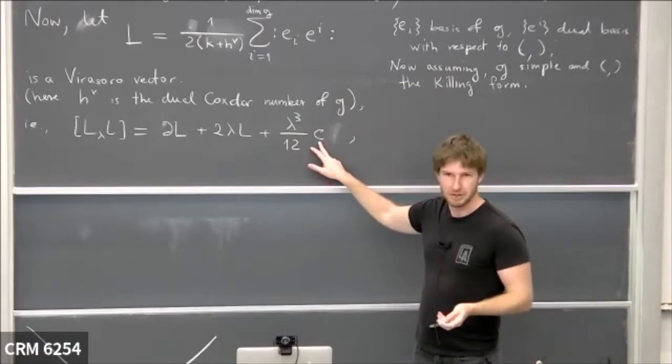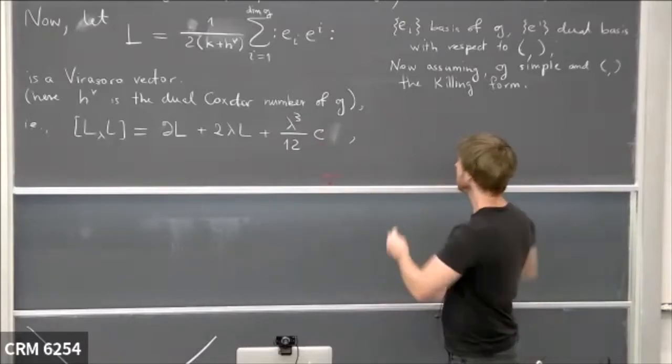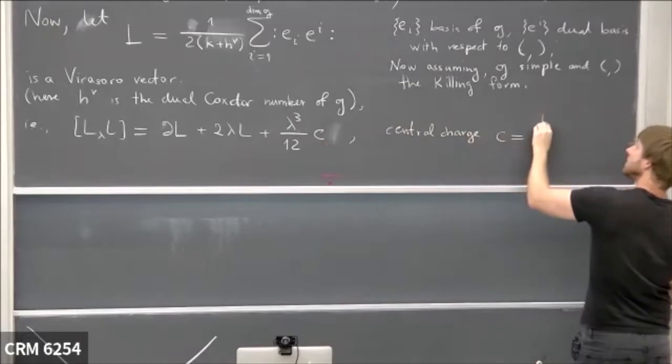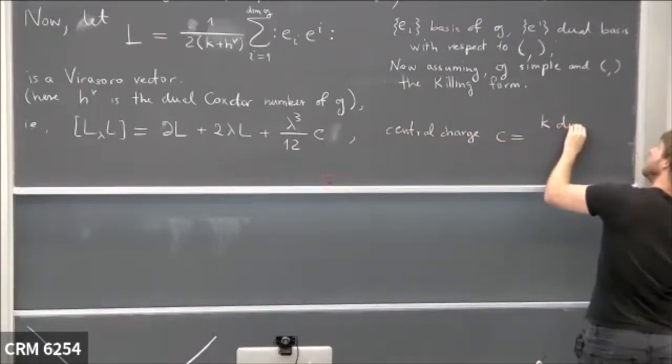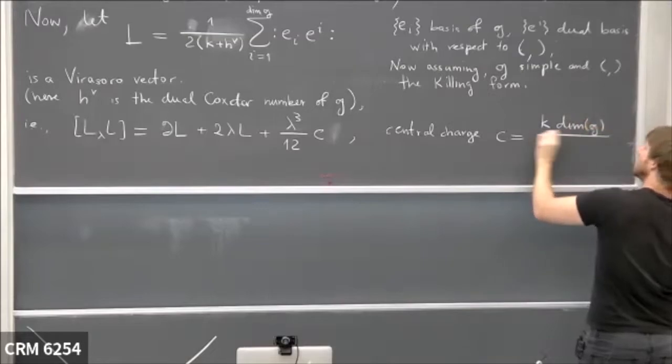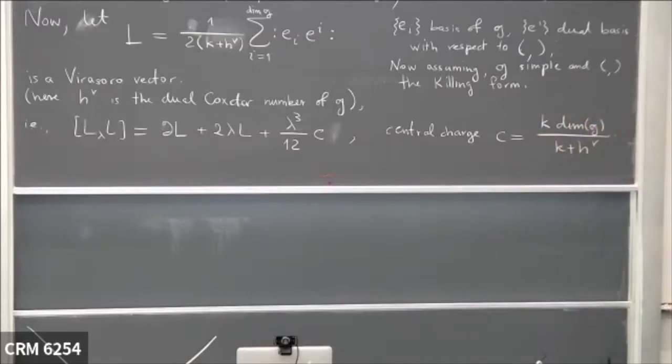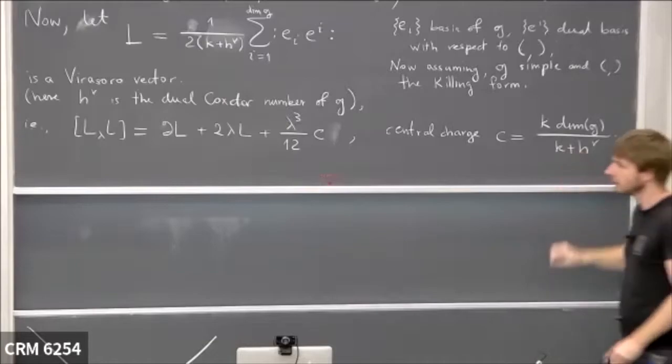So I said that the central charge of the vertex algebra yesterday was 1. In this case, the central charge c is level times dimension of G over, again, this weird factor k plus h check appears. And indeed, the fact that this guy appears in the denominator means that you can't really do this if k is equal to minus h check.